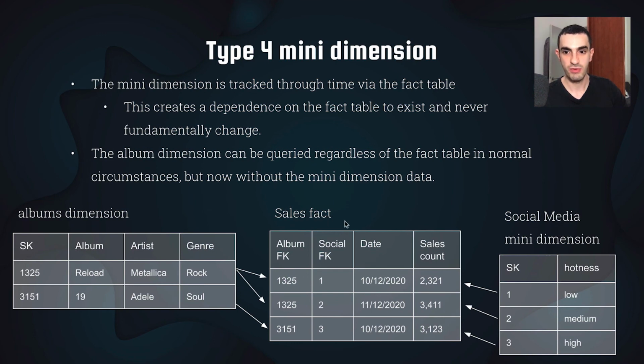Things to note here is that the mini dimension is tracked through time via the fact table. Since the fact table is tracked, let's say in this scenario every day, we can get the data of when social media hotness changed through looking at the fact table and tracking it here.